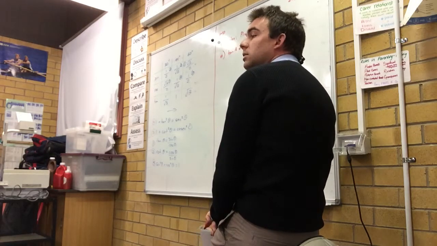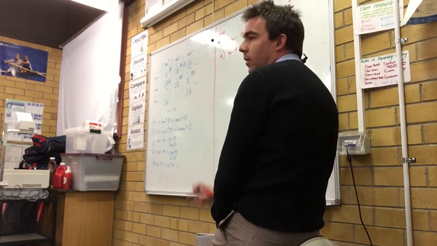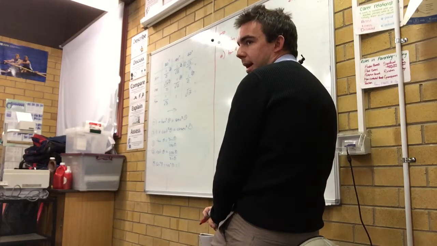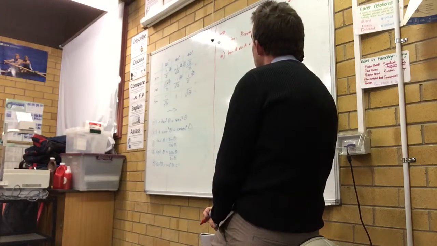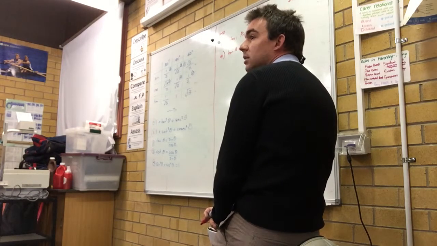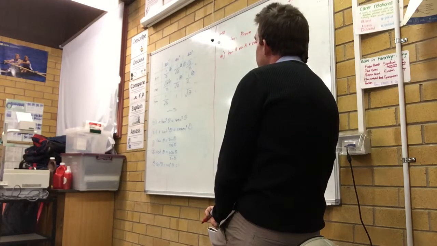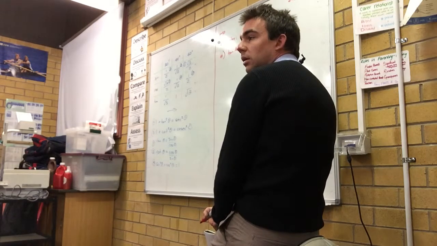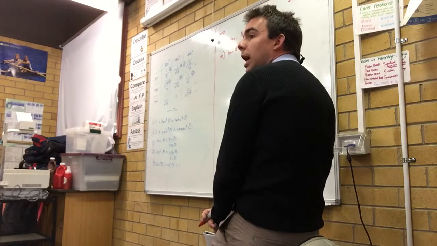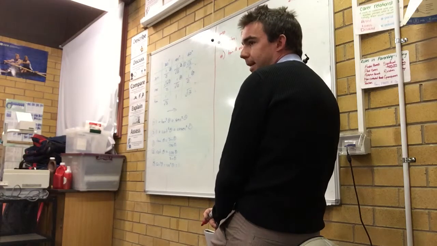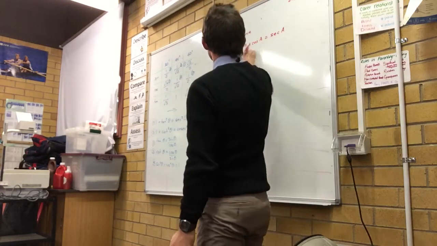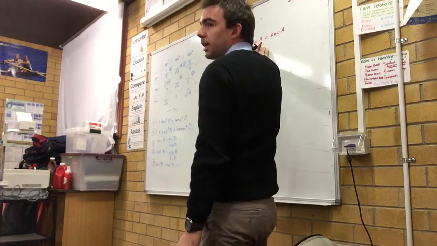Right, so what you need to do is use your 5 identities to manipulate one side of the equal sign to get it to equal the other side. Now, the side you pick would usually be the side that has more information in it, so I can do more with this side because there's more bits and pieces there.